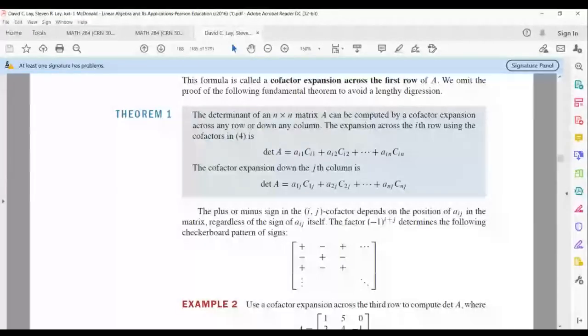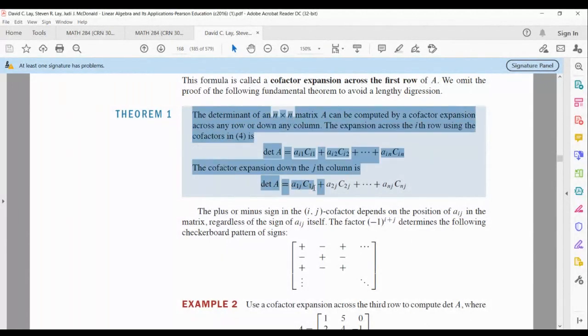So in the ebook here, this Theorem 1 is the theorem that I just showed you.